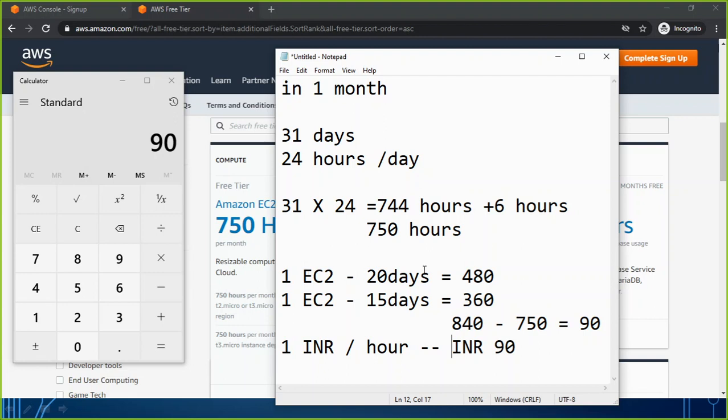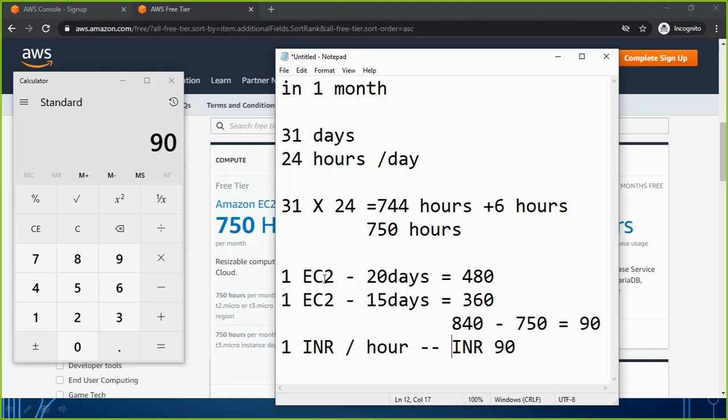One instance you have run for 480 hours, another for 360 hours. So altogether you have run 840 hours. But Amazon only offers you 750 hours free, so you have gone 90 hours more.